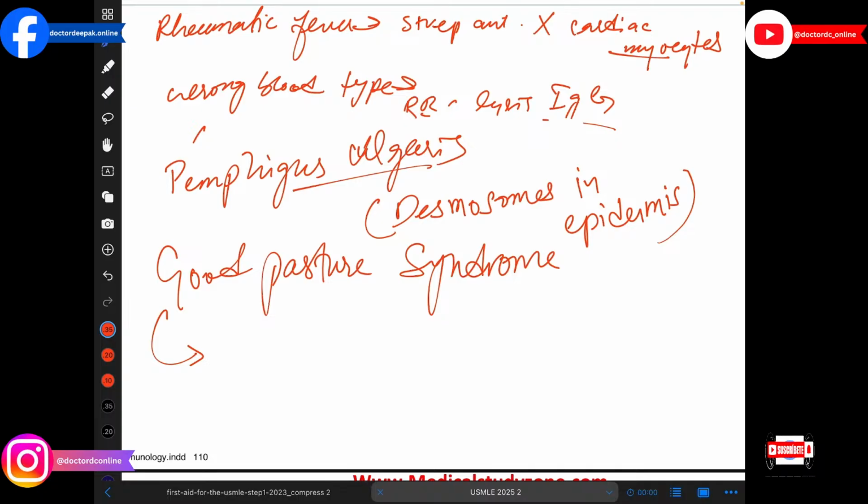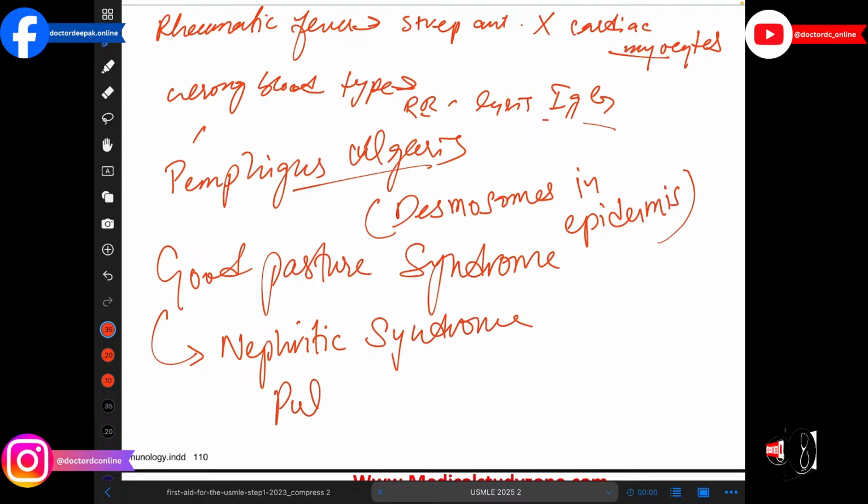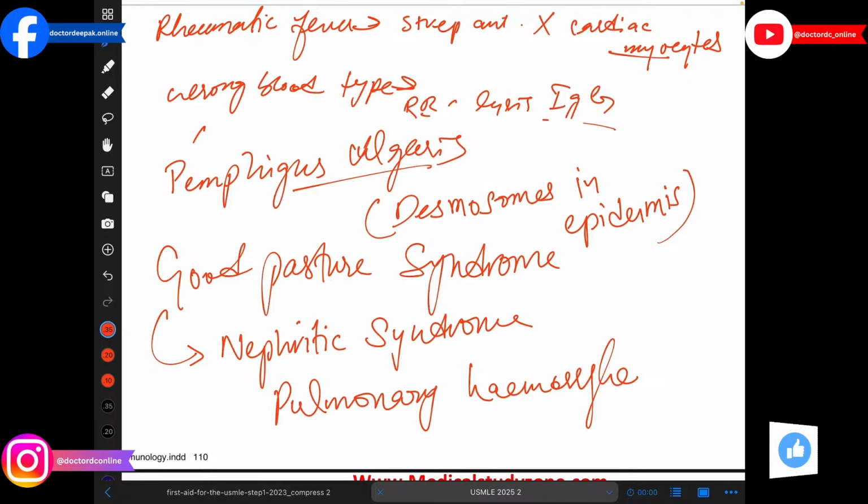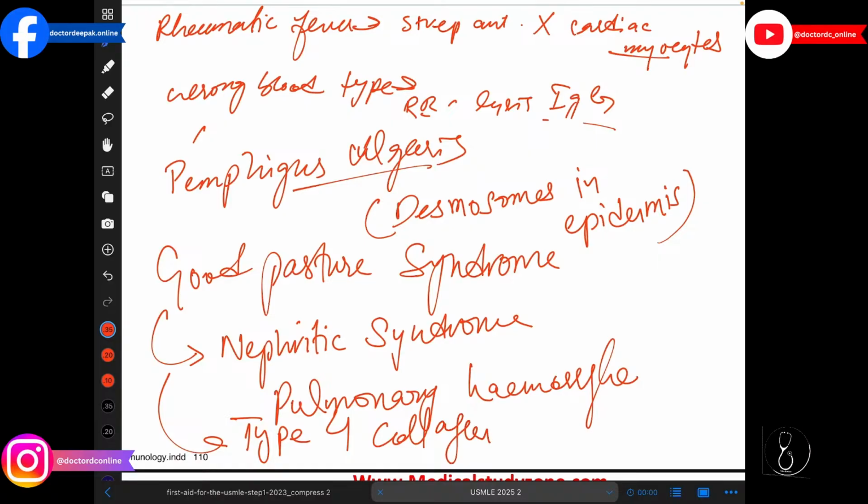In Goodpasture syndrome, we have nephritic syndrome and pulmonary hemorrhage, with type 4 collagen antibodies.